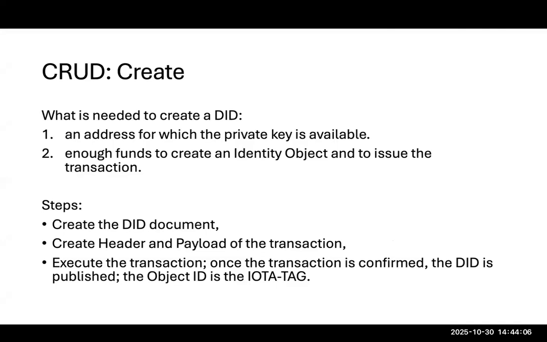What is needed to create a DID and a DID document with this method on this particular DLT? Essentially, you must have an address for which the private key is available.